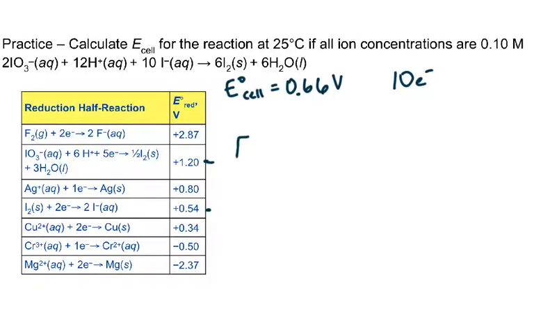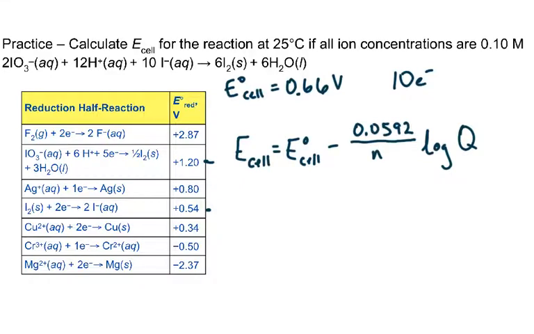And I know that my new cell potential is my standard cell potential minus 0.0592 divided by n, log of Q.